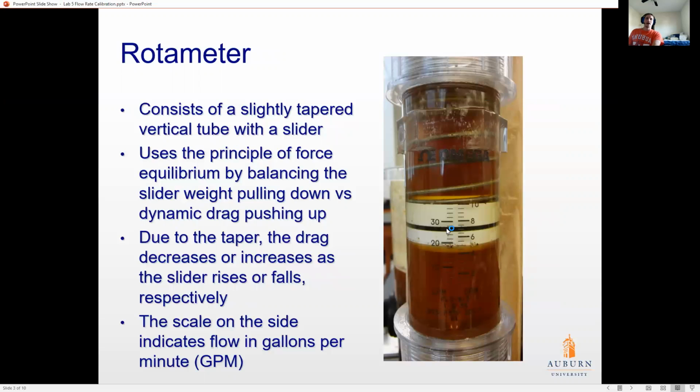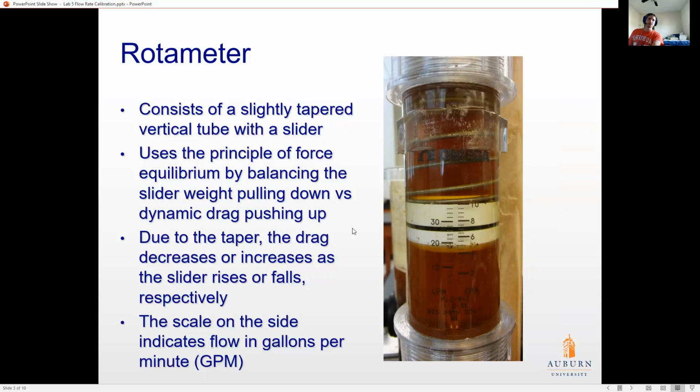So we can then read what flow rate it's measuring based on this black line on the bobber and where it lines up on these graduations. Right now, where this picture is taken, it is right over a graduation line right here, which would be 7 gallons per minute.